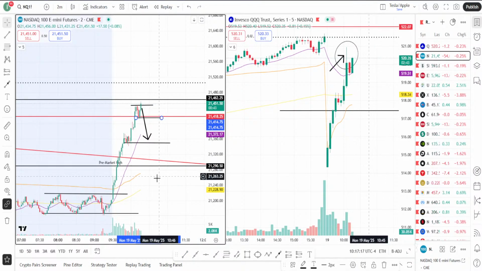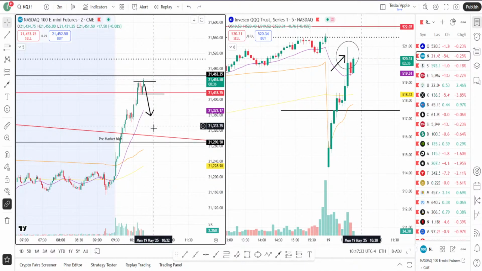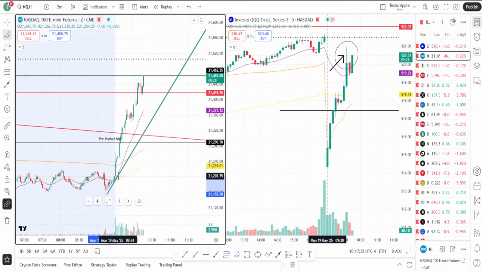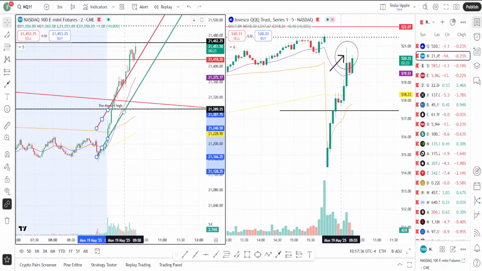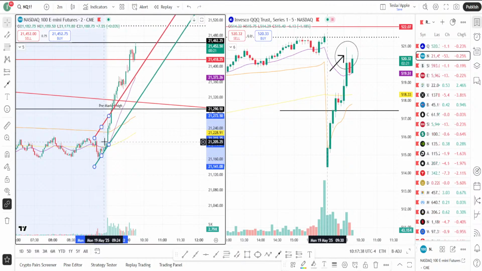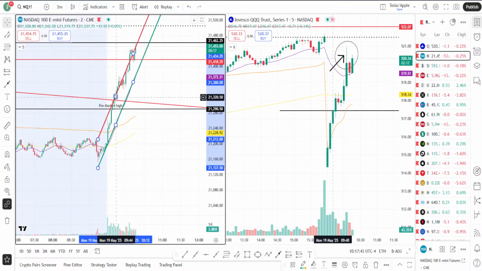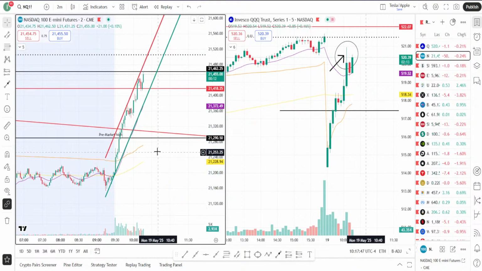So price moves in trends. When we're moving like this, this is a trend. So we're moving up inside of a trend. Trend up. Very strong, tight trend here.